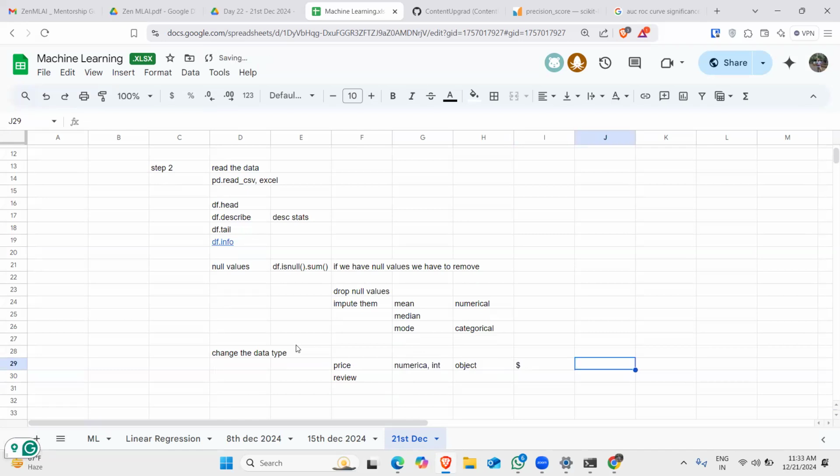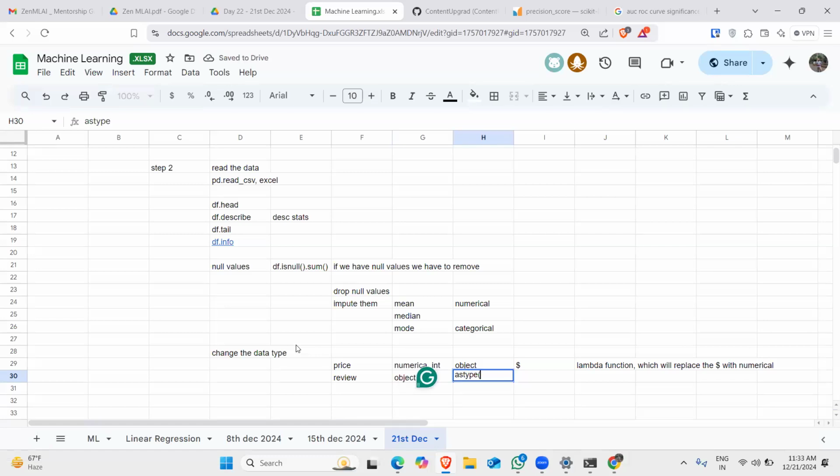So we have to create our own lambda function which will replace the dollar sign and convert it to a numerical data type, an integer. The reviews column was also an object, so we have to convert that with astype to integer.